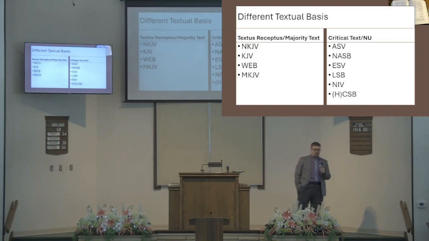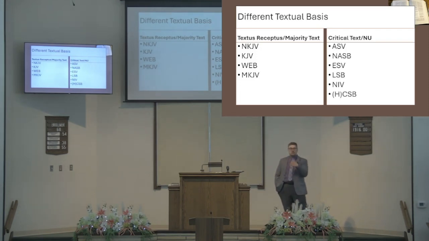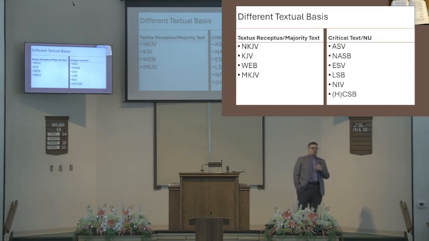We saw one of them this morning in Ephesians 2 in our study. In verse 9, the word in the Textus Receptus is the word for fellowship, koinonia, versus the word for stewardship that's found earlier in the chapters used in the majority text and the critical text. But for the most part, those are essentially the same. So for simplicity's sake, we group them together.